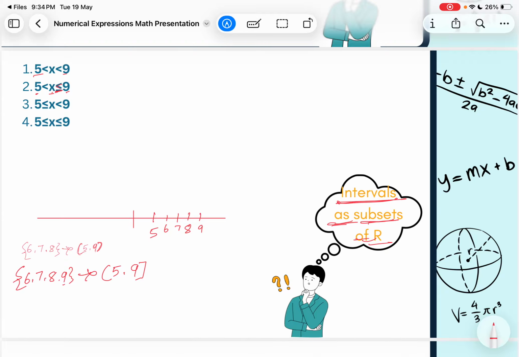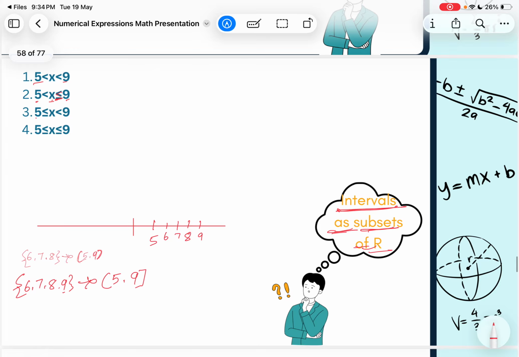Okay, now in another example we have 5 included, with equal to, and 9 not included. So in this set we will have 5, 6, 7 and 8. We can represent it as square bracket 5 comma 9 open. So this end is closed and this end is open.